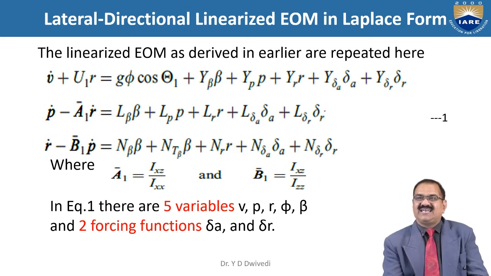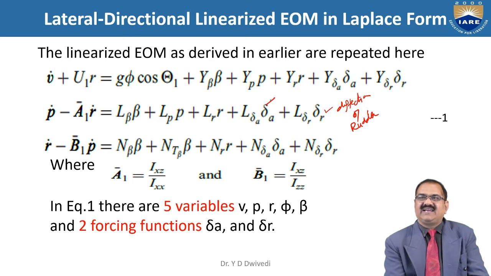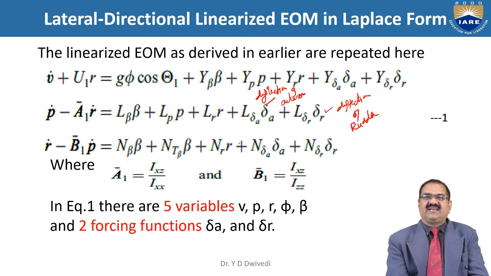Delta r is the deflection of rudder, and delta a is the deflection of aileron. Here T is the thrust force and the moment due to the thrust, N delta r is the moment due to the rudder deflection, and N delta a is the yawing moment due to deflection of aileron.